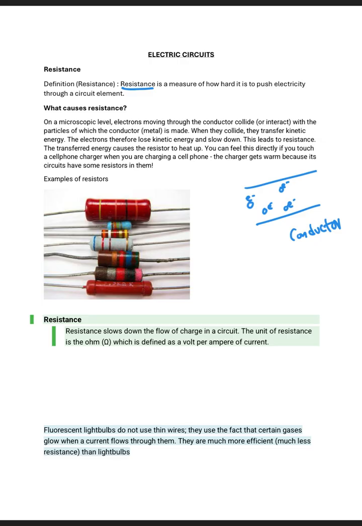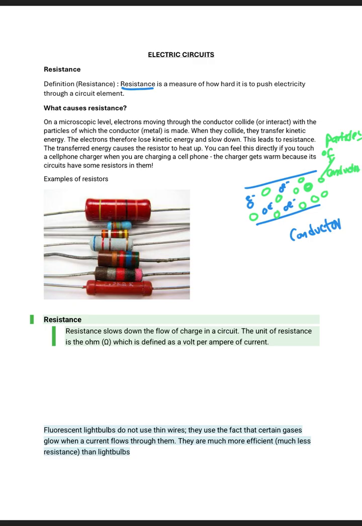So the conductor is made of different particles. These are the particles of the conductor, right?